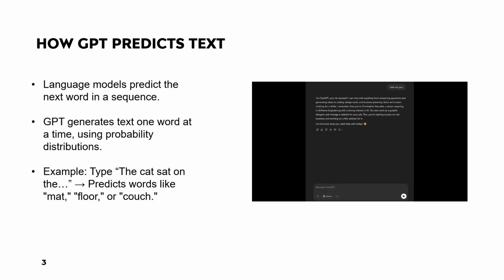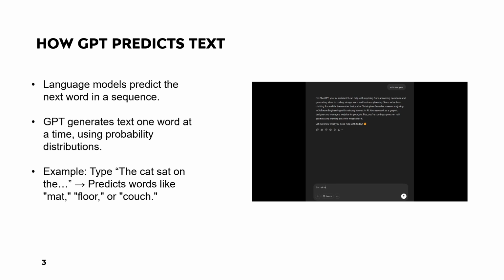So how does ChatGPT predict text? Well, this language model could predict the next word in a sequence. On the video on the right hand side of the slide, I typed in "the cat sat on the," and ChatGPT is able to predict the next word, which gives you "mat."